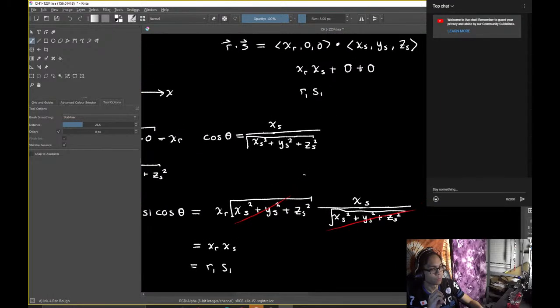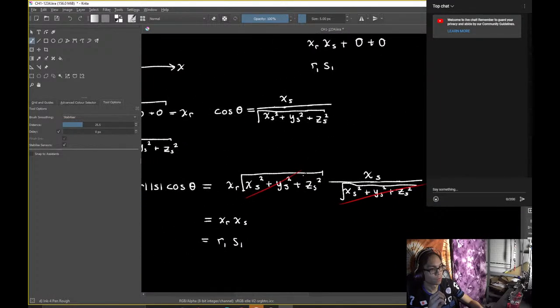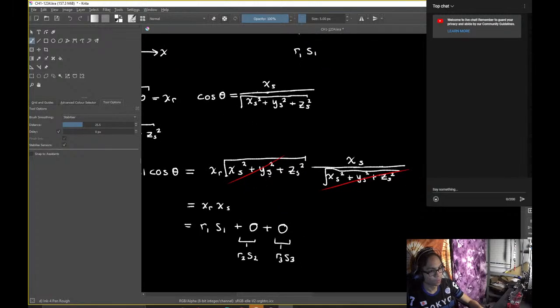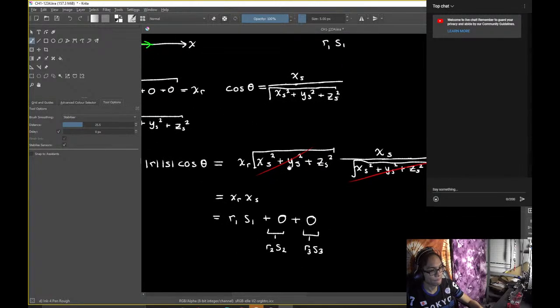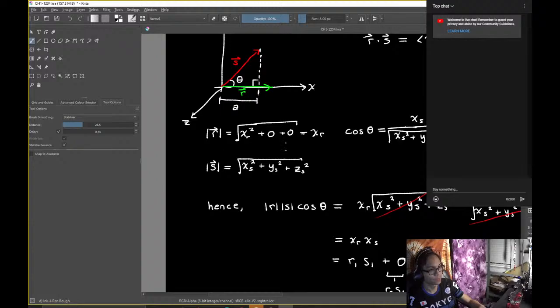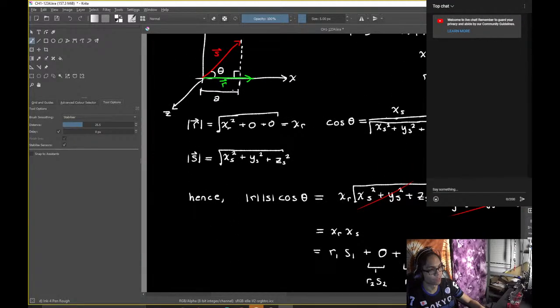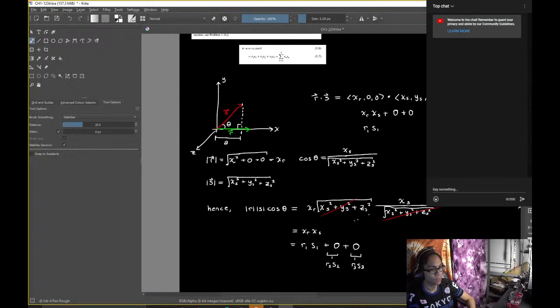It's independent of whatever choice of axes. So the rest of these guys are going to be 0 plus 0, if that's the case. r2 s2, r3 s3. Got it. Okay, good. Is that enough proof? Because similarly, you could do the same thing with the other axes right here. Okay, so we pretty much proved it.